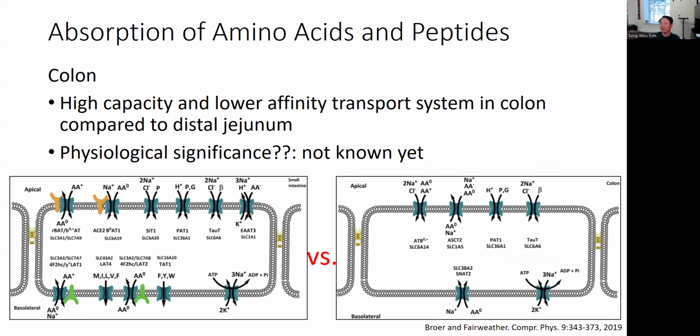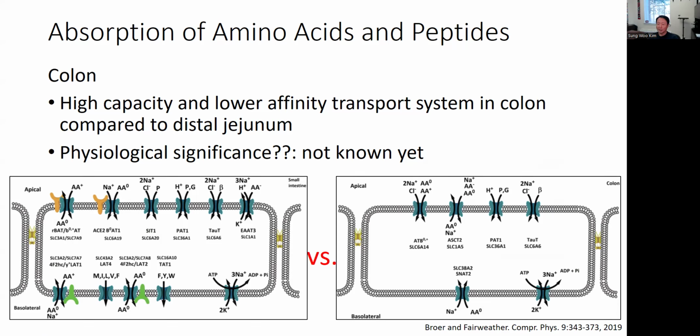However, they have a low affinity. So they're capable of transporting amino acids, but their efficiency is poor. So I cannot say there is no amino acid absorption in the colon.